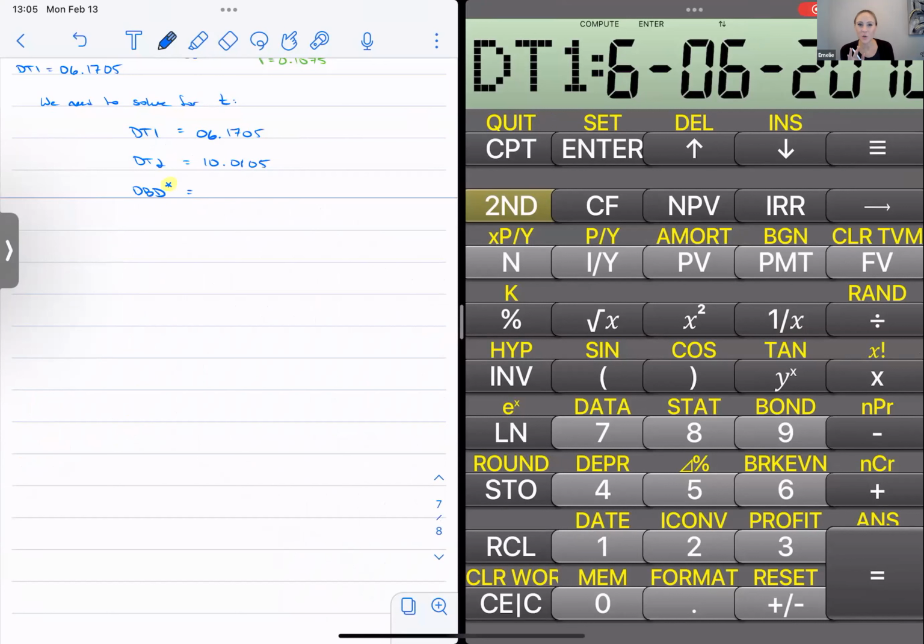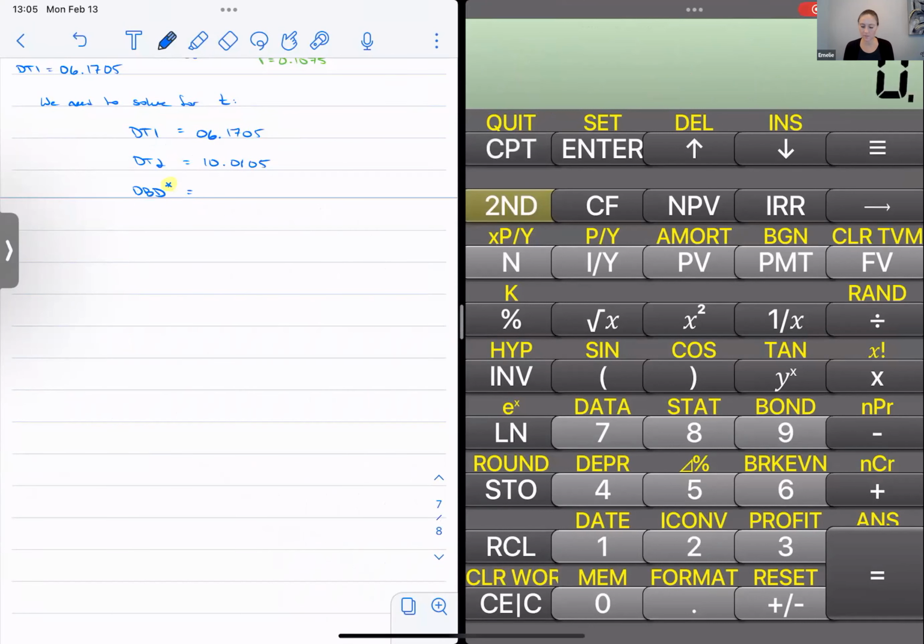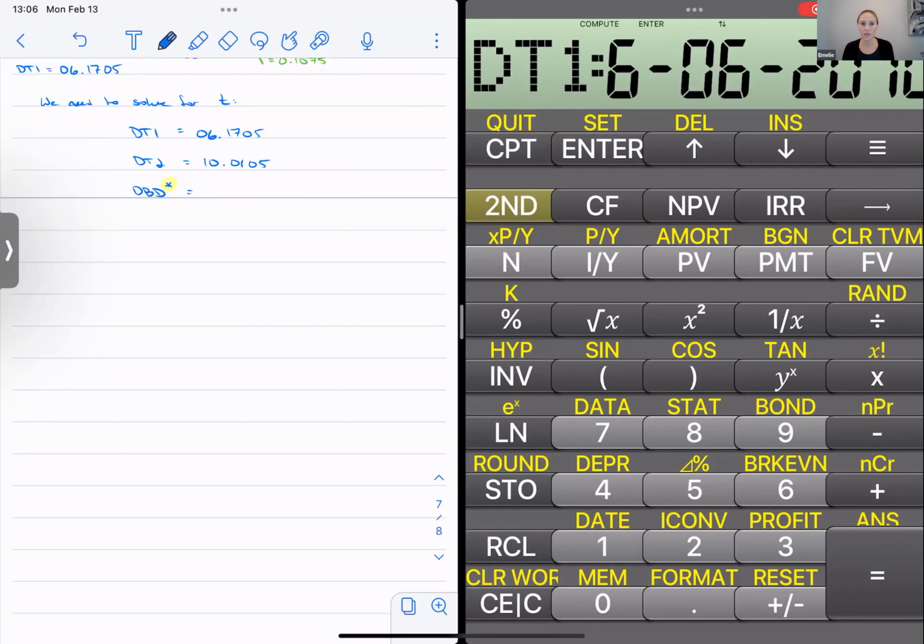If I want to start fresh, if I want to get out of the days between dates calculator, I'm in the second menu. So then I have to quit that menu. So you hit second quit. Okay, I'm going to go back in to the days between dates calculator. So I need to go second date. And now I'm in the days between dates calculator.